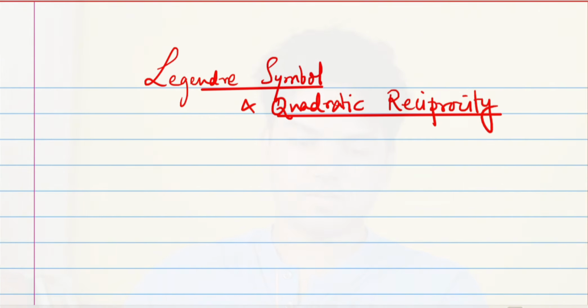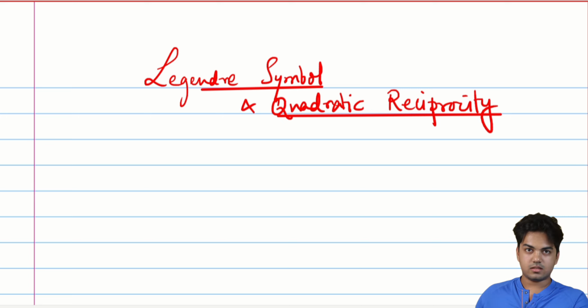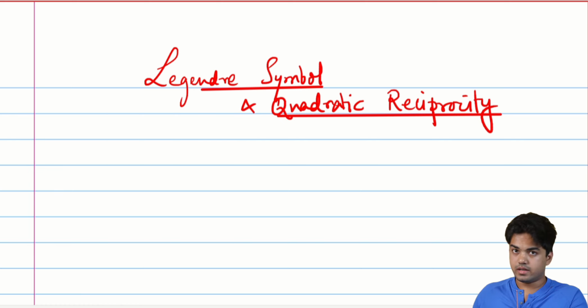Right, so I guess the best place to start is where I promised, which is Diophantine equations. So at this point, I have spoken about linear Diophantine equations, how to solve them, how to think of them.